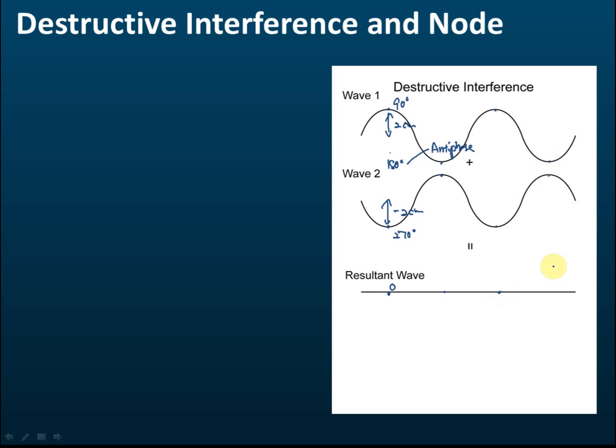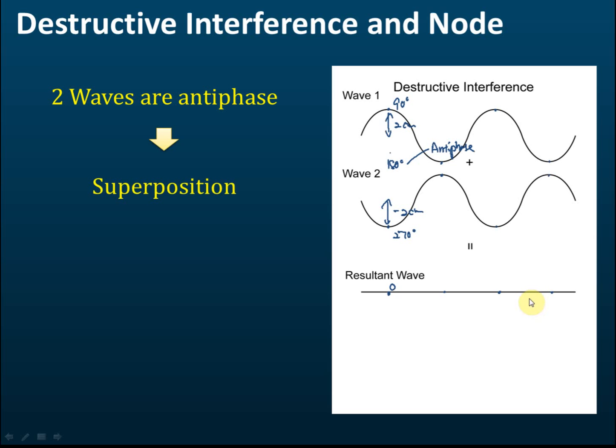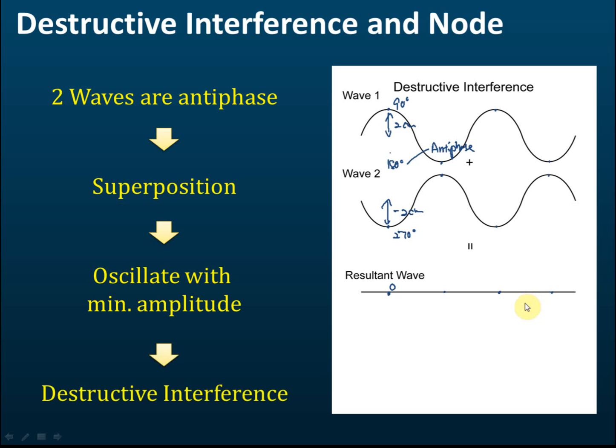And this point with this point, the amplitude is 0. So we can see that if two waves are antiphase and superpose with each other, they will produce a wave with 0 amplitude or very, very low amplitude. So in conclusion, if two antiphase waves superpose with each other, they will produce a wave that oscillates with minimum amplitude, and this is called destructive interference.